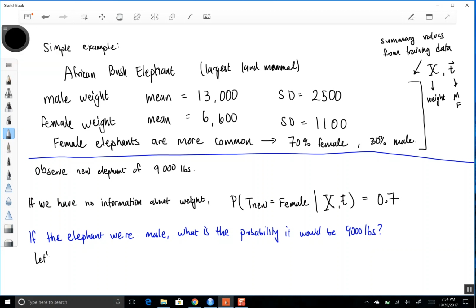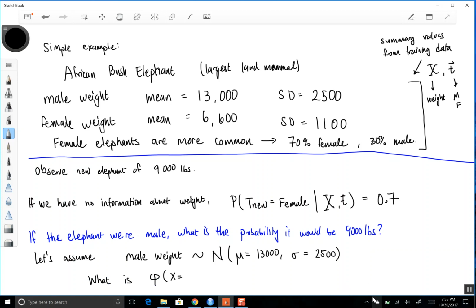So let's assume that male weight comes from a normal model with mu equal to 13,000 and standard deviation equal to 2,500. Okay, so now we can ask, what is phi of, if this is the normal density function, x equal to 9,000.